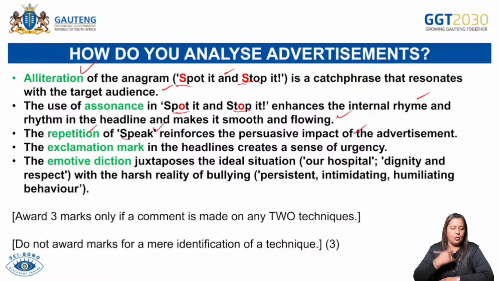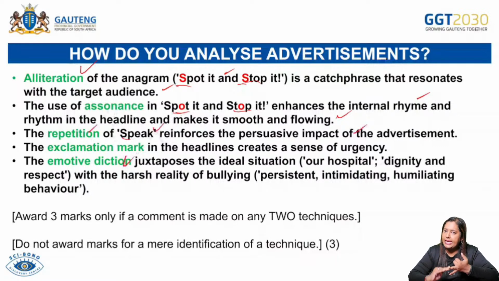And it goes on with the emotive diction, that one there, juxtaposing the ideal situation. Our hospital, dignity, respect, all those words are playing on our emotions, dealing with the harsh reality of being bullied. All right. Because bullying is obviously persistent.